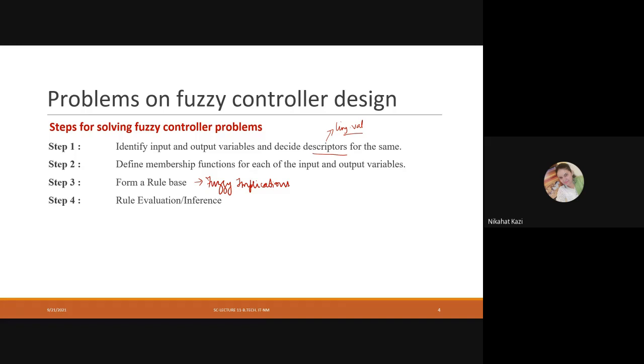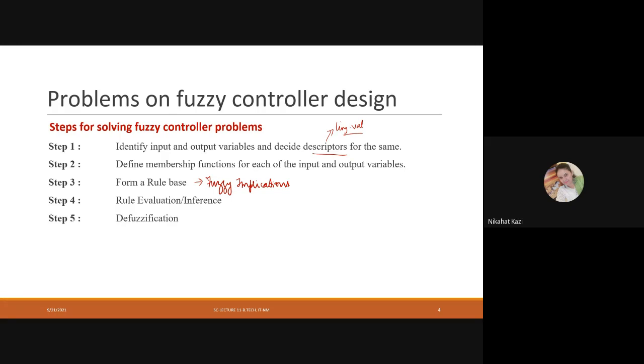Based on that 35 degrees Celsius input sensed by the system, you have to infer what will be the output for the input received. That is nothing but the rule evaluation. So all these rules that you have devised, which of these will fire, and out of these fired rules, how will you decide the exact value that should be the output of the system? That will be step number 4, that is rule evaluation or inferencing.